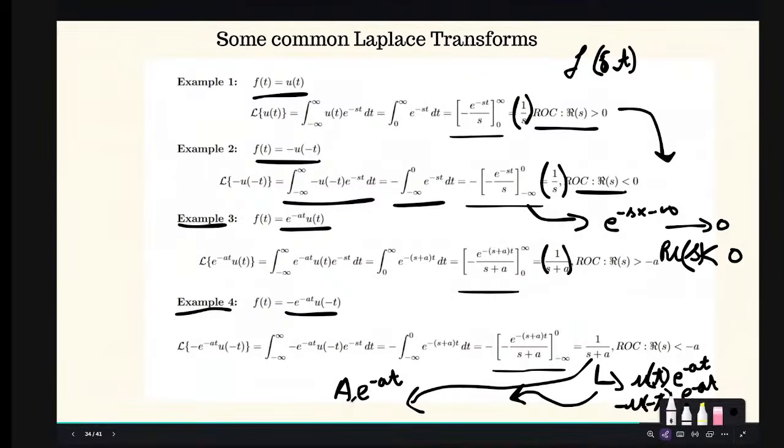And this constant a can be anything; it varies based on the ROC. If the real part of s is greater than minus a, then a will be equal to u of t. And if the real part of s is less than minus a, then we get a to be equal to minus u of minus t. So I'm treating this as some constant a. That's all. I hope that's clear.